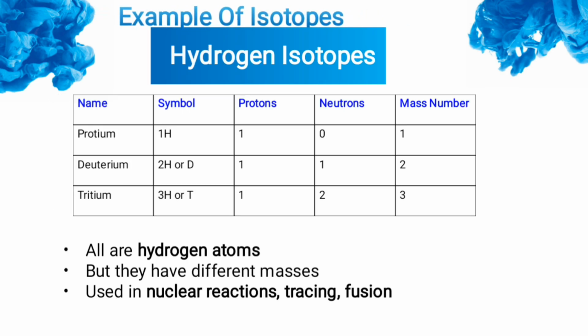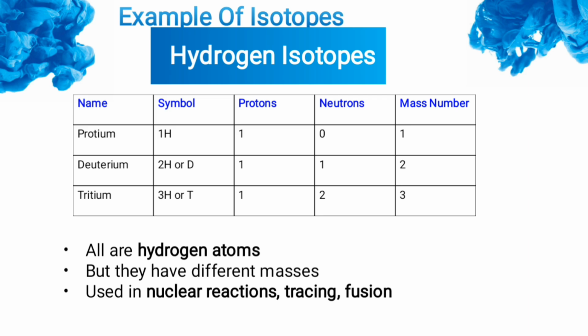Examples of isotopes. First example, hydrogen's isotopes. There are three isotopes of hydrogen: protium, deuterium, and tritium. In protium, there is one proton, so its mass number is 1 and it has no neutrons.